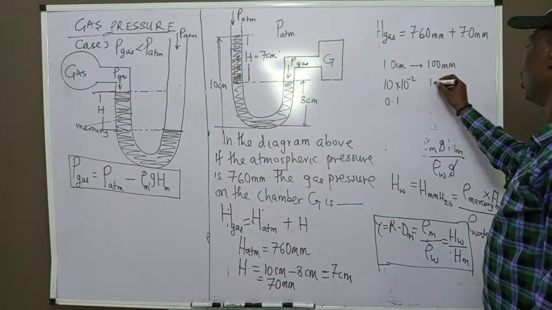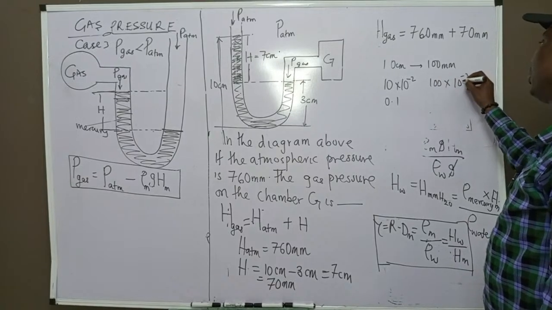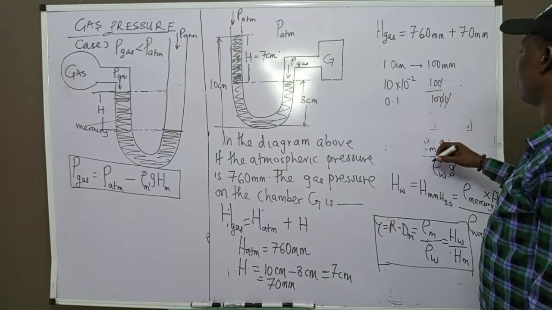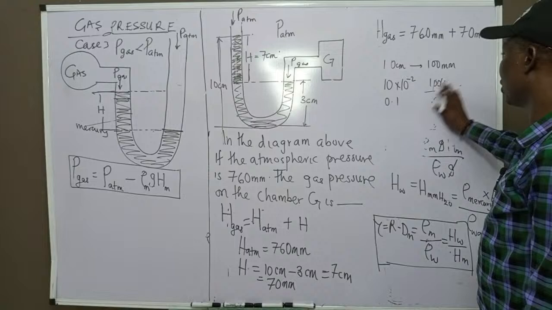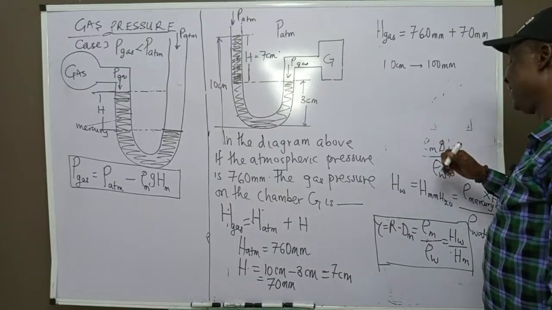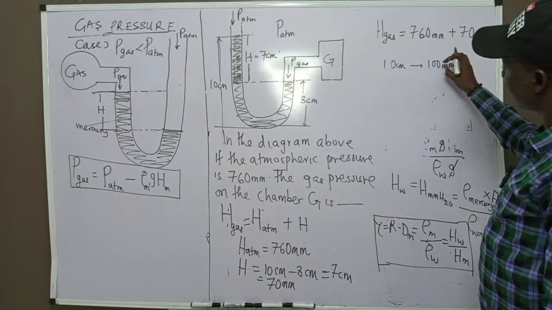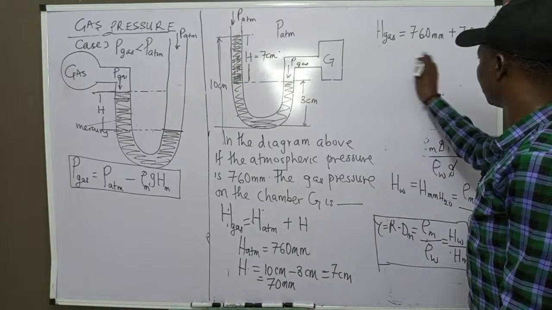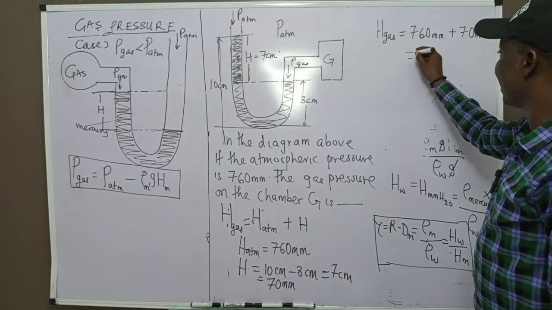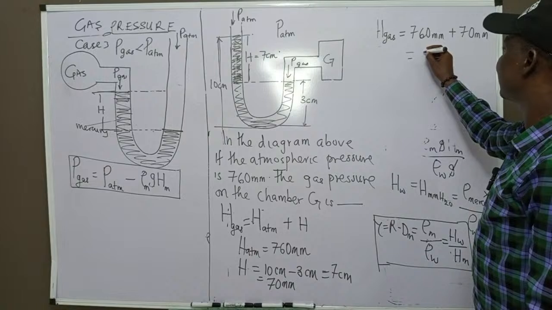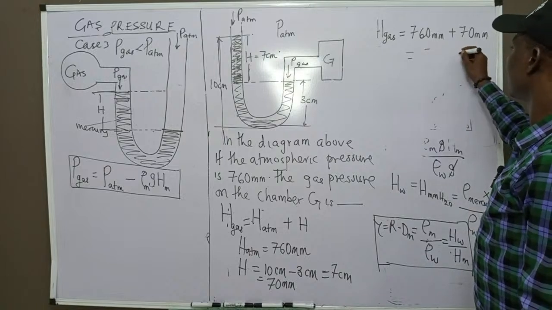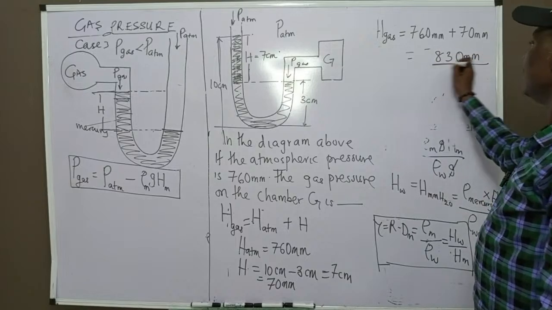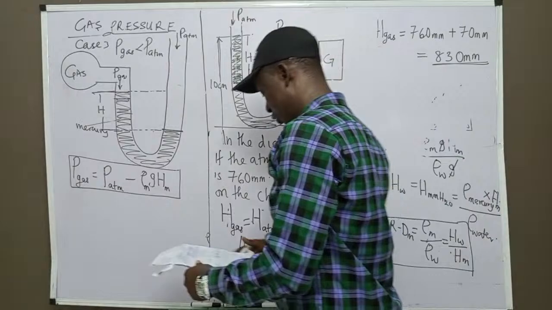Now, 100 times 10 raised to minus 3 is equivalent to 100 over 1,000, which is also 0.1. So to convert centimeter to millimeter, just multiply by 10. If you check the difference between the two of them, it's just multiplication by 10. So what you are going to have is 760 plus 70, which is 830 millimeter. That's what you are going to have as the gas pressure.